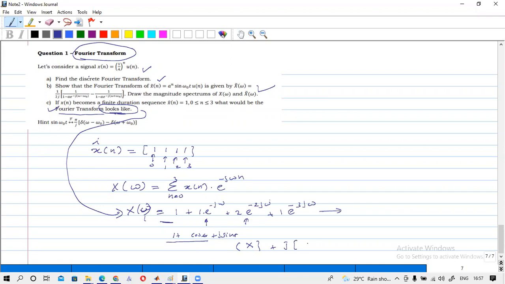Then I get the square. So x and y will have the omega value. This omega is the angle. I can change the value and calculate the magnitude value and plot it. So it will be my magnitude plot.